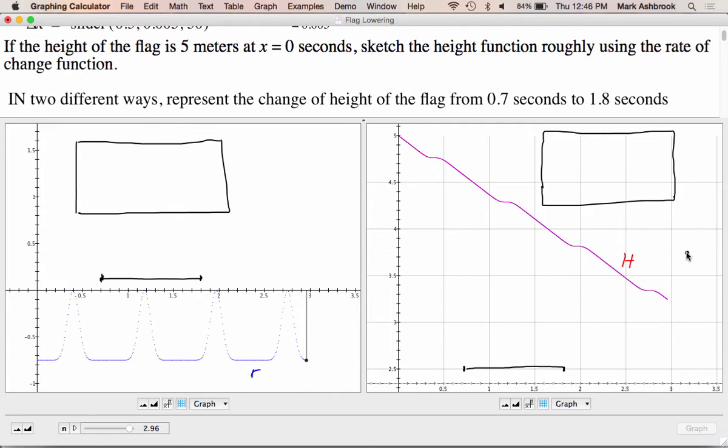So I don't want just the height function. I want the change in height from 0.7 to 1.8 seconds. Only the change in height, not the height itself. So you're on the right track.